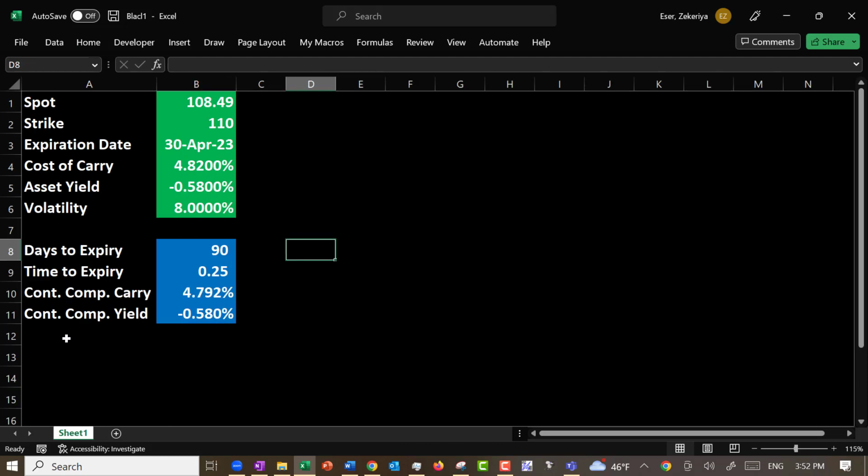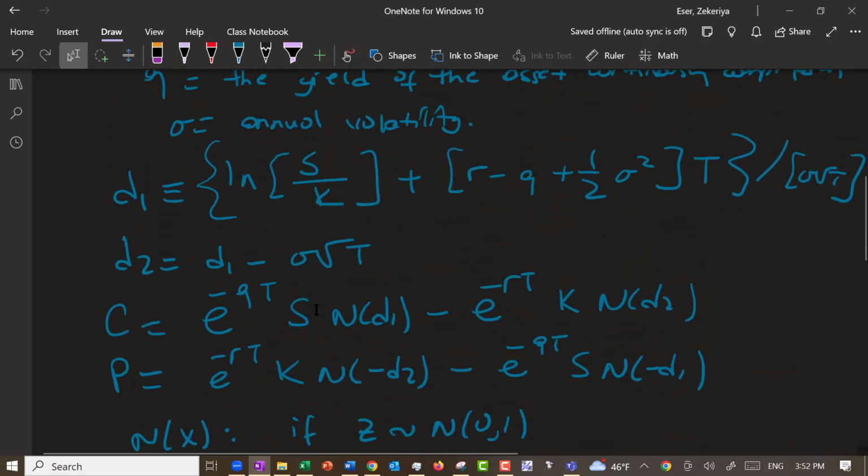Let me make it a bit smaller. Let's calculate D1. Later on, I'm going to worry about multiple calculations, but right now, for template purposes, I'm going to write this whole formula in one line.